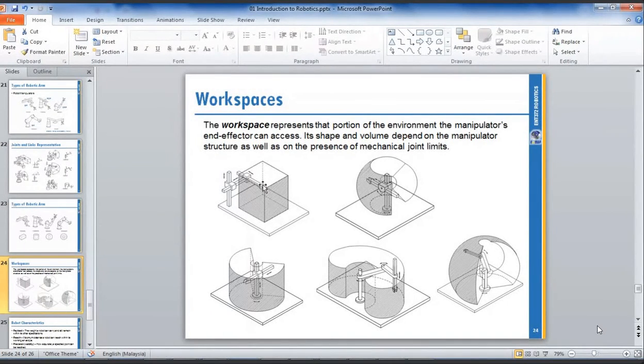Same like a 3D printer. A 3D printer has prismatic joints X, Y, and Z, but you still can print a curved shape of product.